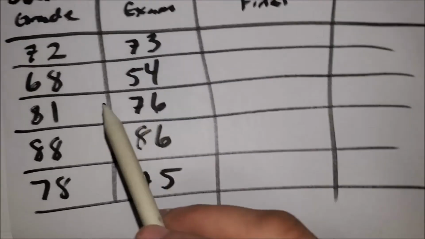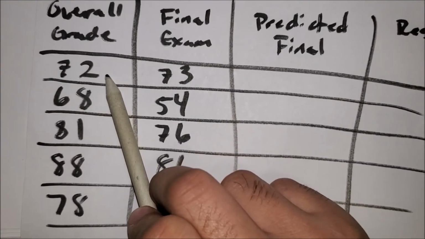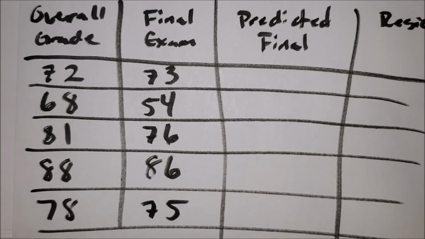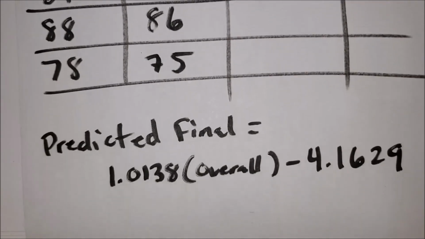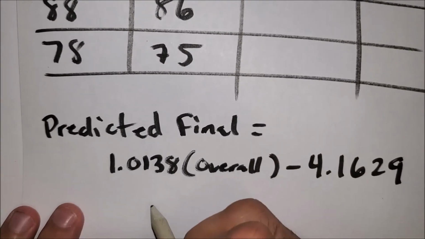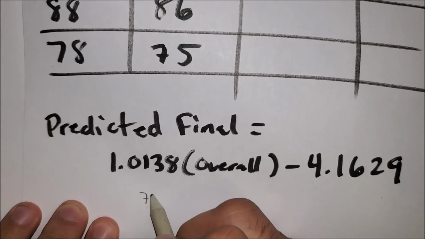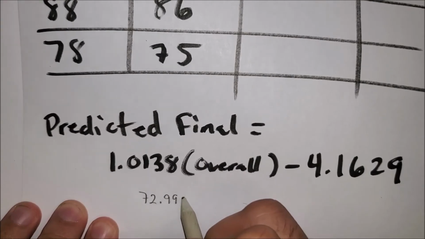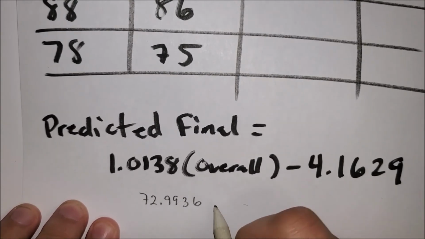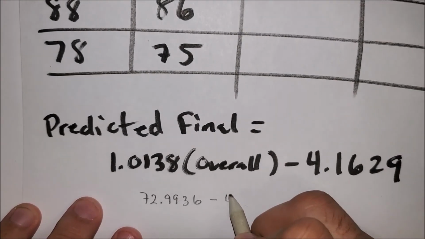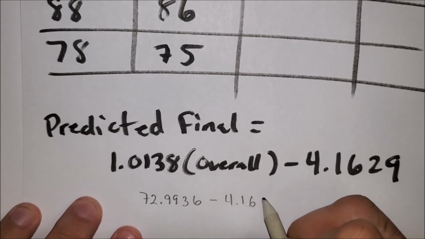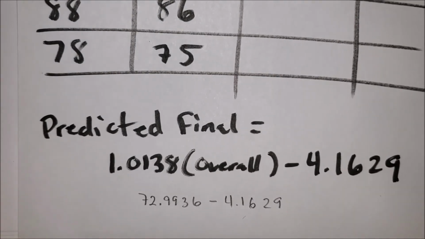So if we look at our first one, 72. And if we look at the predicted grade for that, we would say 1.0138 times 72. And if we put that in, that gives us 72.9936. And then we would subtract 4.1629.